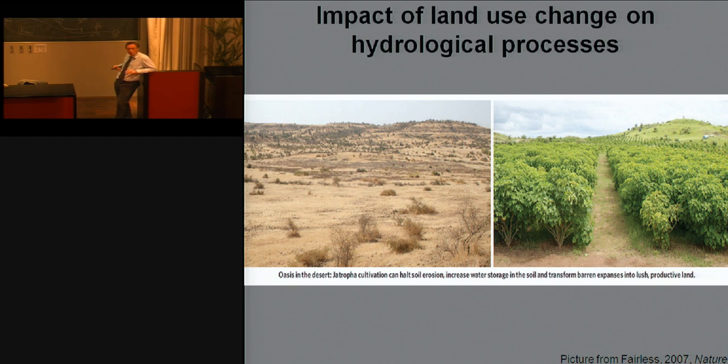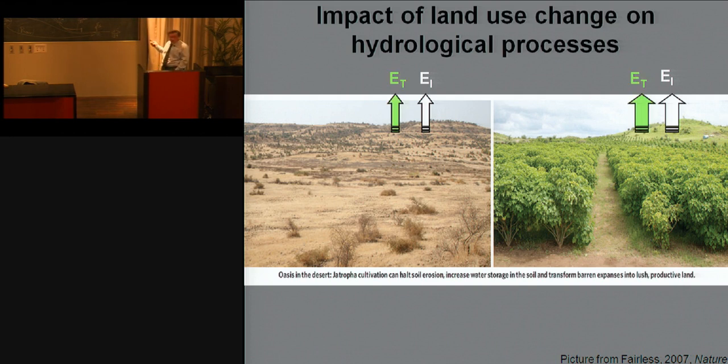So now put on your hydrological glasses for a moment and think about what it means if you change the land use in this area. You probably all agree that the interception evaporation is much larger here than there, because more canopy, more water stored there, more water evaporates back. Clear. Therefore I made the width of the arrow a bit wider. The soil evaporation, the transpiration is maybe also much larger here than there.